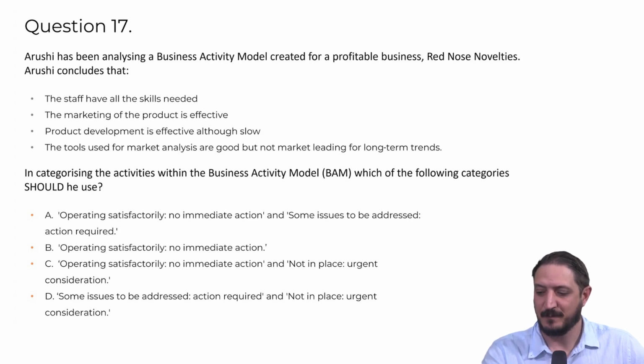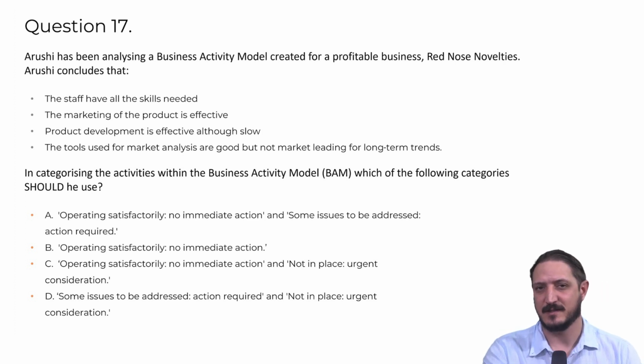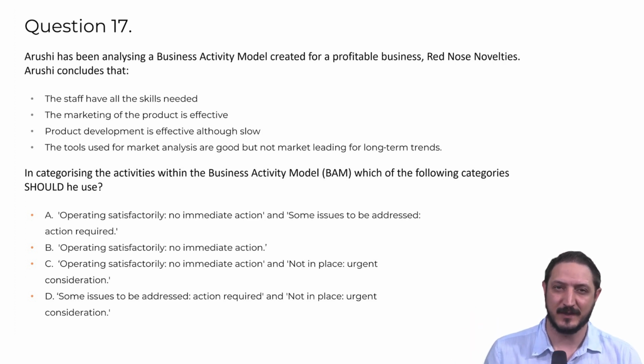Okay, so when we are carrying out this gap analysis process, we need to examine these activities on the business activity model. So we'll look at all of these items, and we'll then identify the gaps or the areas of improvement that need to be done from an activity perspective.